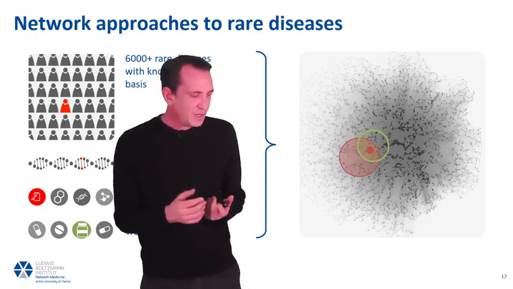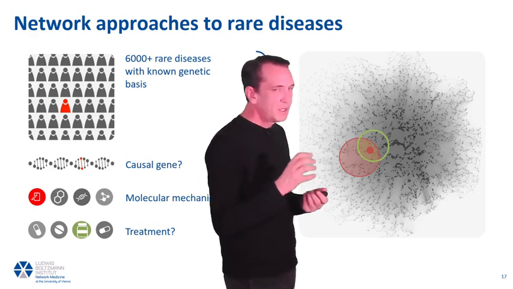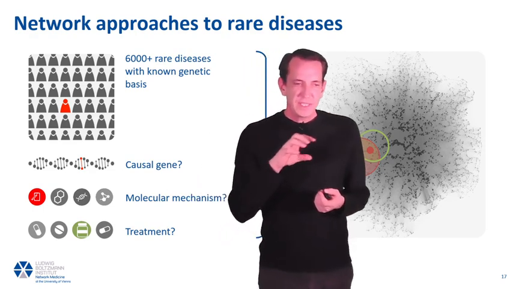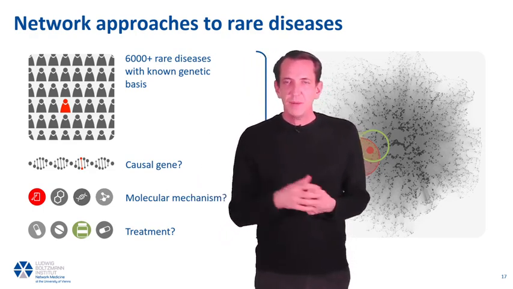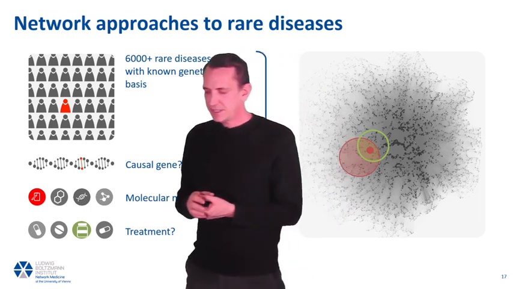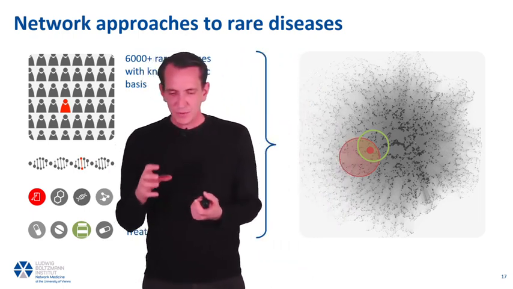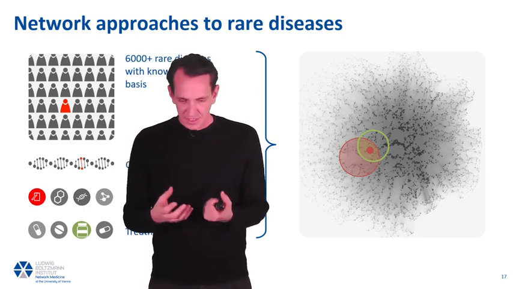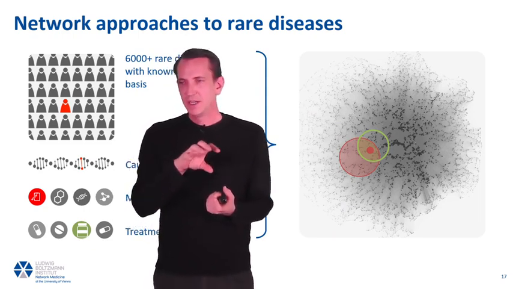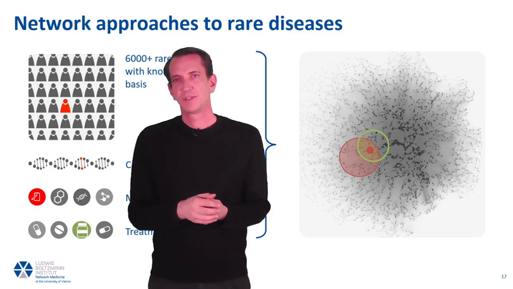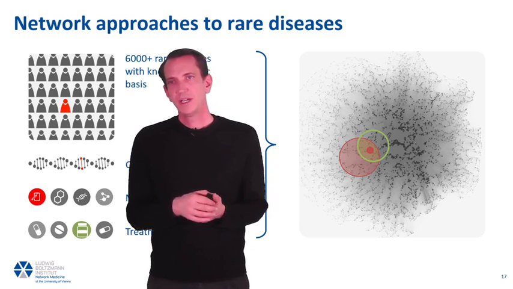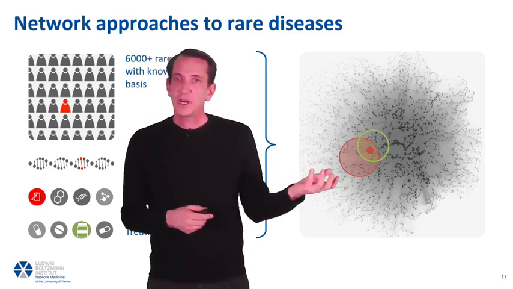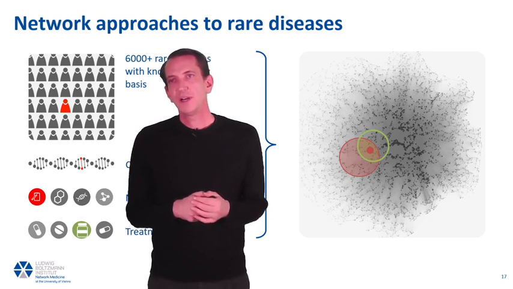And we have also learned that drugs typically affect a particular neighborhood in these molecular networks, and we're looking for a targeted treatment that actually modulates the precise biological mechanisms of this disease. So you would look for a drug that has the matching profile on these molecular interaction networks.